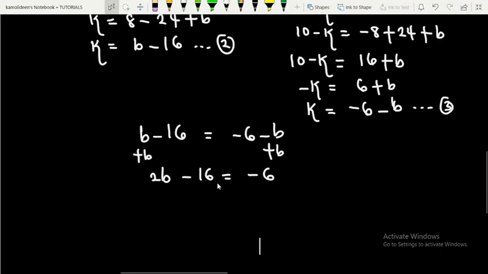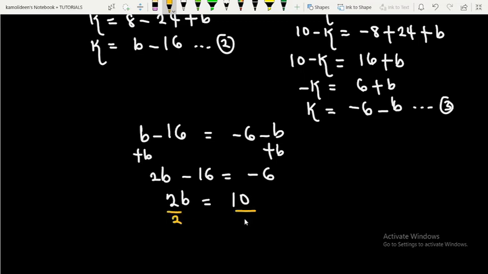Now if we add 16 to both sides, we're going to have 2b equals 10. Now divide both sides by 2 to solve for b, so we're going to have b equals 5.